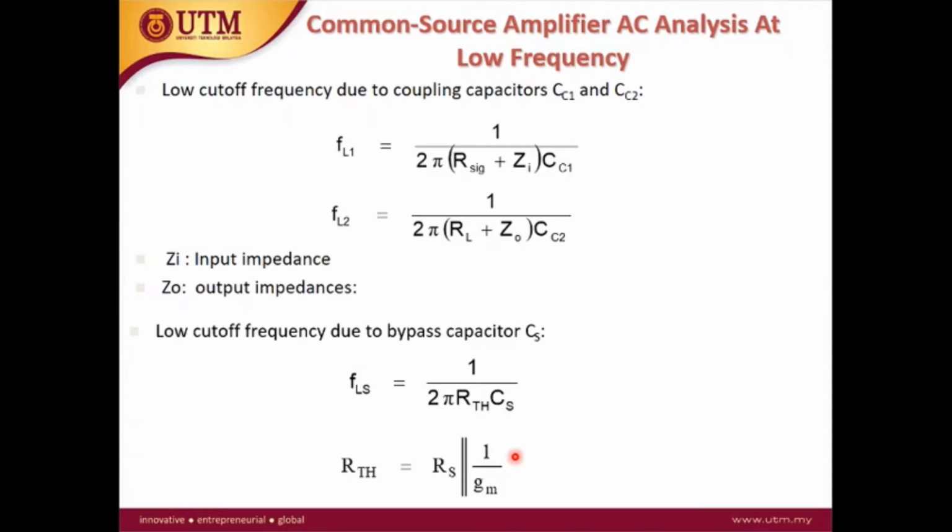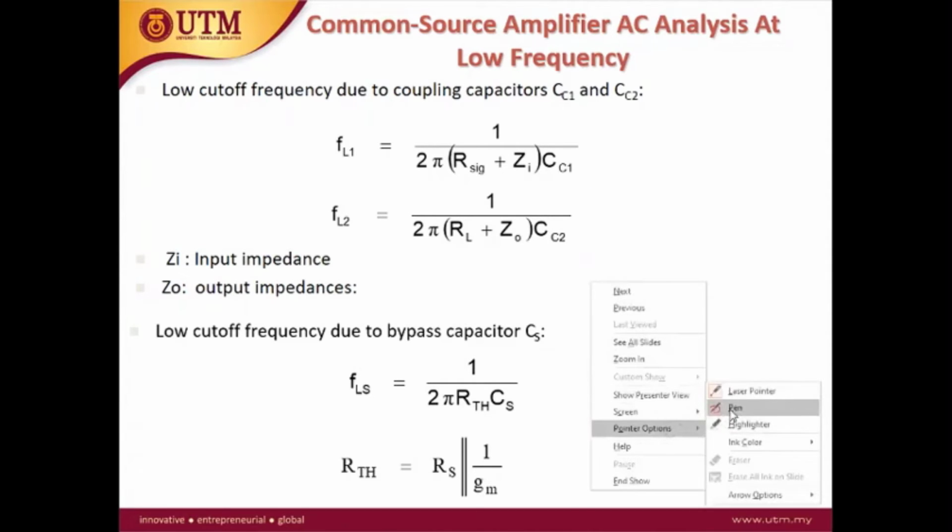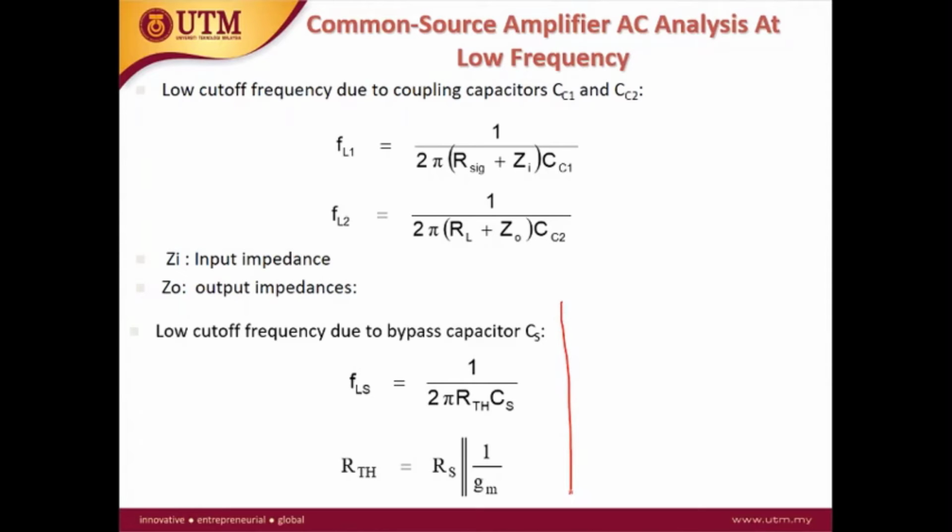For the MOSFET, the calculation for the impedance at the terminal is very straightforward. This is just additional information. This is the equivalent circuit of the hybrid pi model. This is your gate, this is your drain, and this is your source. The impedance seen from the gate, let's call it ZG, is equal to infinity.